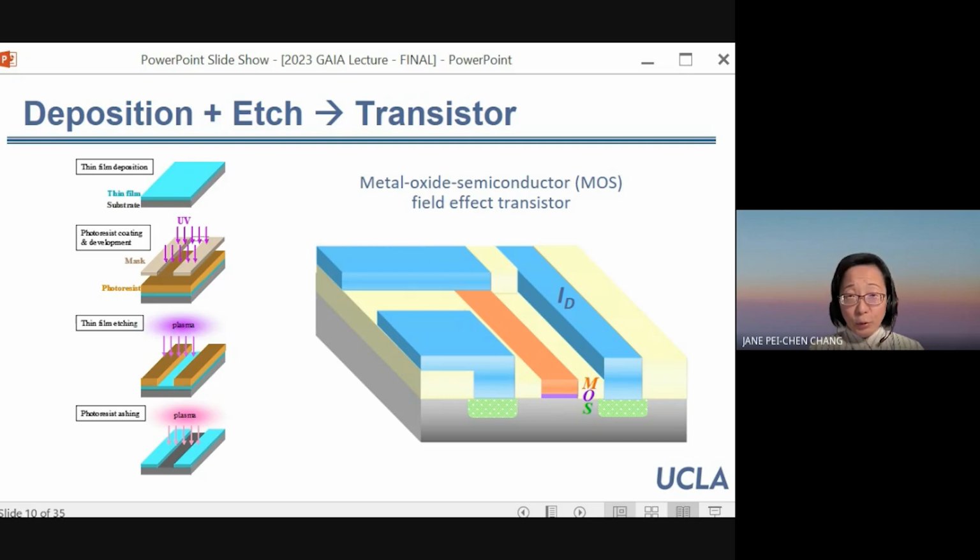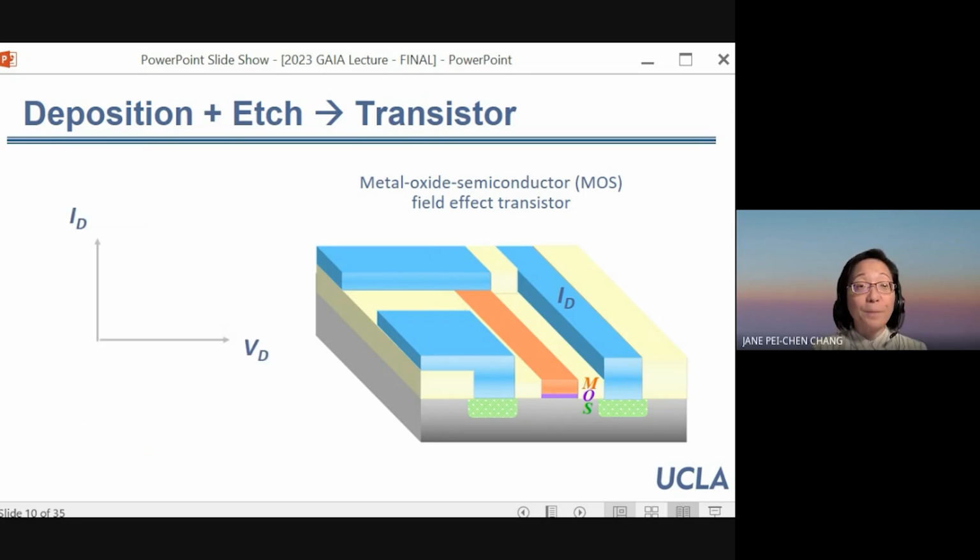This particular transistor structure is a building block of all of our information technology today. Let me show you how this metal oxide semiconductor field effect transistor works. Under normal circumstances, if you do not apply the voltage to the gate, which is the metal orange structure here, no matter what you do, when you increase the voltage on the drain, which is shown in blue here, you're not going to see any current.